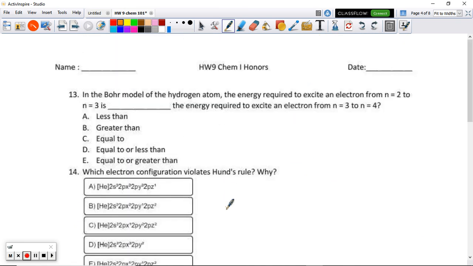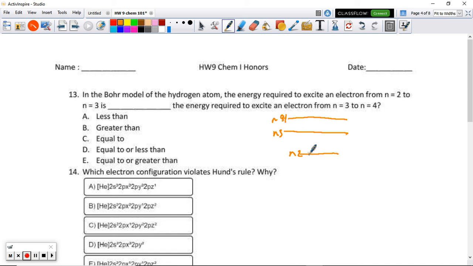Number 13, in the Bohr model of hydrogen atom, the energy required to excite an electron from N2 to N3 is blank the energy required to excite it from N3 to N4. All right, so remember that the distance between N2 to N3 is greater than the distance between N3 and N4.